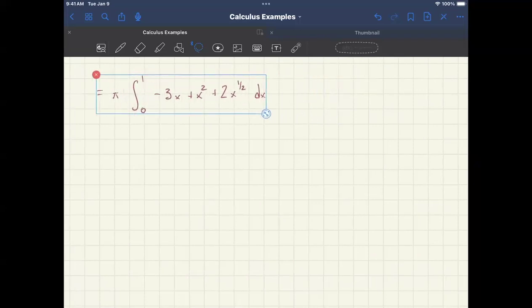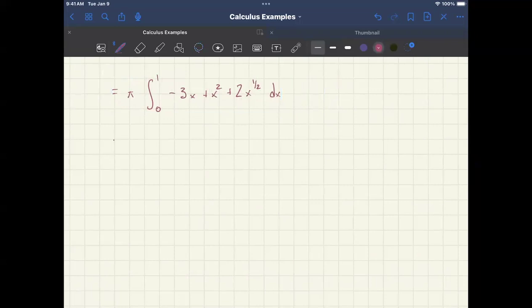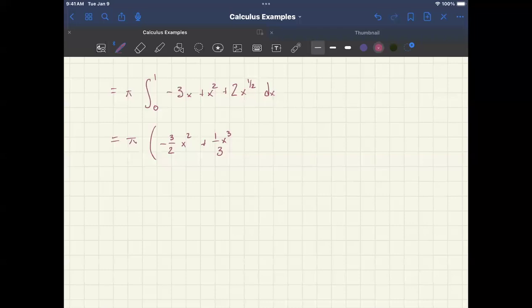So now we're ready to take our antiderivative. We have negative 3, add 1 to our power, divide by our new power, so that's 3/2, plus add 1 to our power, divided by our new power, 1/3, plus 2, add 1 to our power, so 1/2 turns into 3/2. There are two ways we can talk about this.